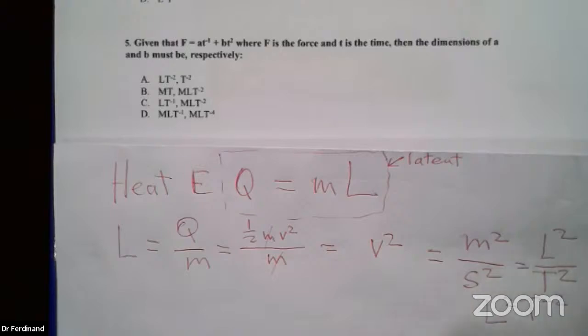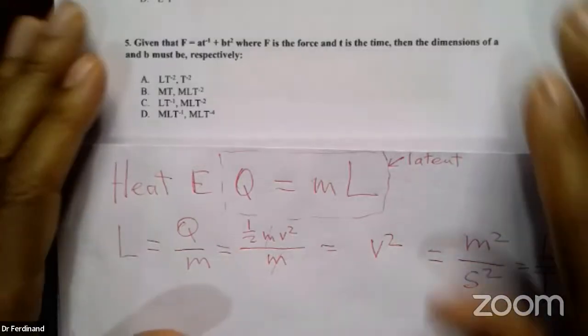Okay, so hopefully you have a little bit of a concept now as to how this MLT stuff works, you know, mass, length, and time as defined in the problem.